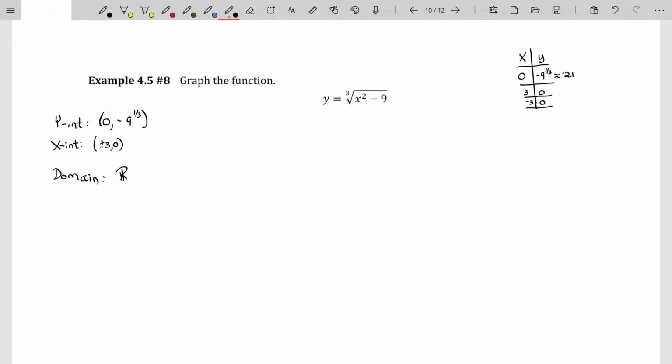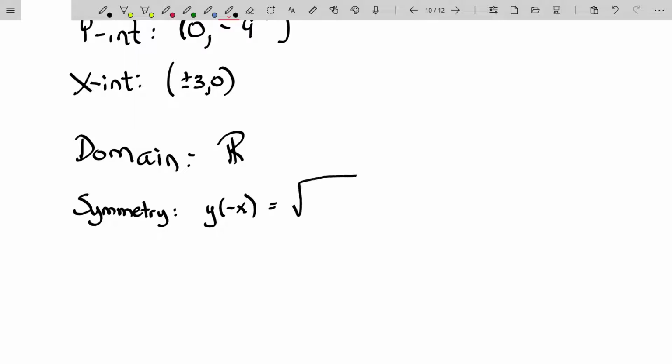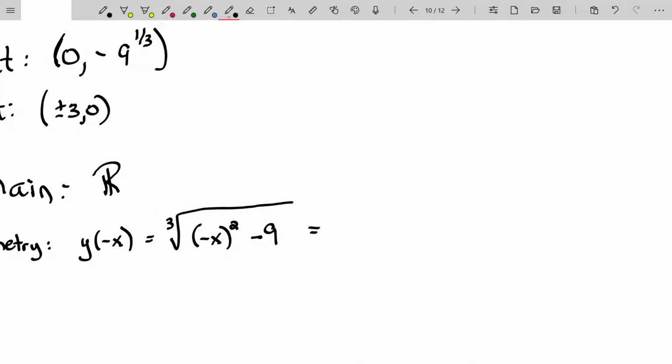Let's talk about symmetry. Symmetry can be very, very powerful. In this case, if you take y of negative x, we would have the cube root of negative x squared minus 9. And of course, that is just the cube root of x squared minus 9, which is y of x.